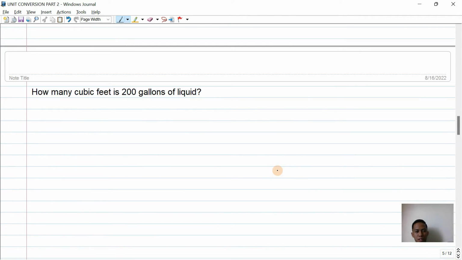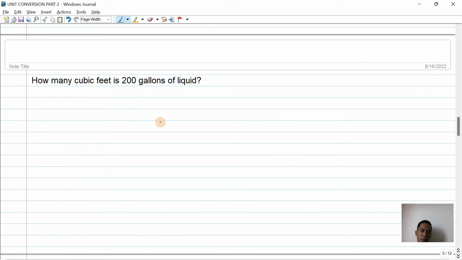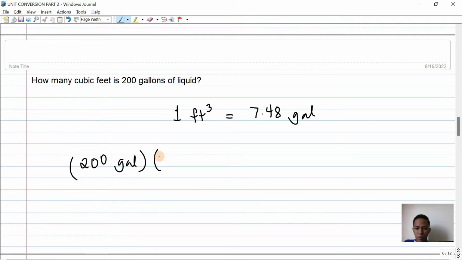So how many cubic feet is 200 gallons of liquid? So conversion natin guys, you have here 1 cubic foot, that is 7.48 US gallons. Okay, so gallons, GAL. So since direkta na yung conversion, that is 200 gallons converted to, so 200 gallons times we have 1 cubic foot per 7.48 gallons.